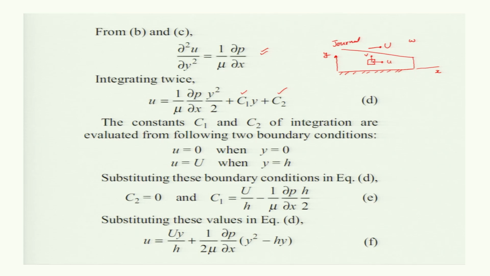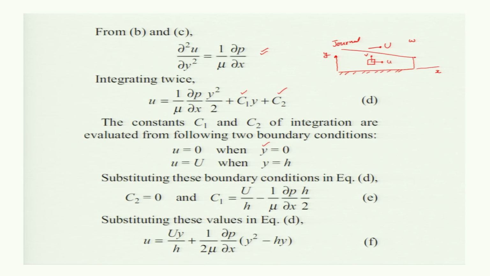So, what will be the value of this u when y is 0? The fluid just adjacent to the stationary bearing will have 0 velocity, and so at y equal to 0, u will be 0. And at y equal to h, the fluid film thickness, at any location the fluid film thickness is given by h.